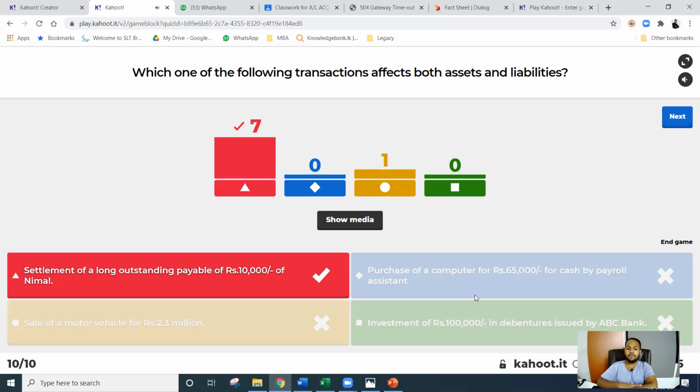Settlement of a loan outstanding payable of 10,000 of NIMA. So loan outstanding payable, you are paying, means cash will decrease and the liability will decrease.